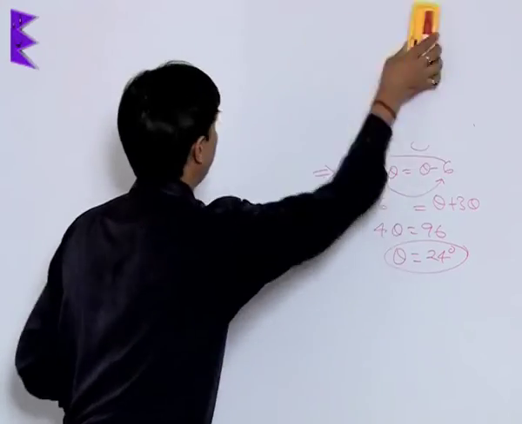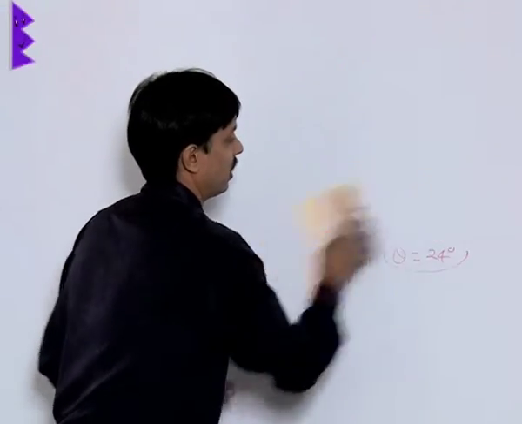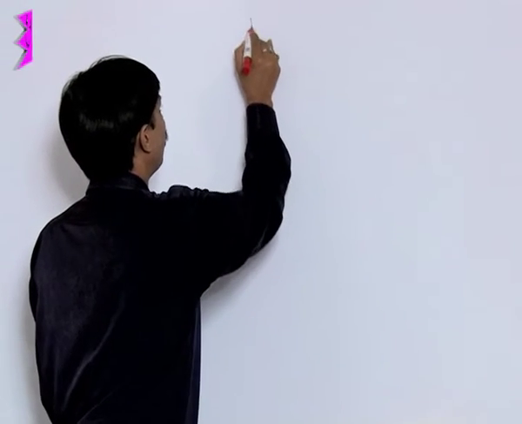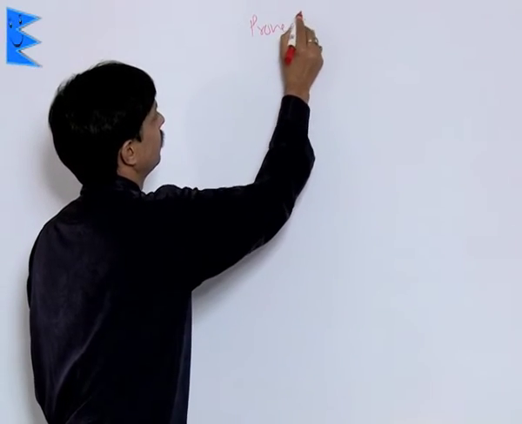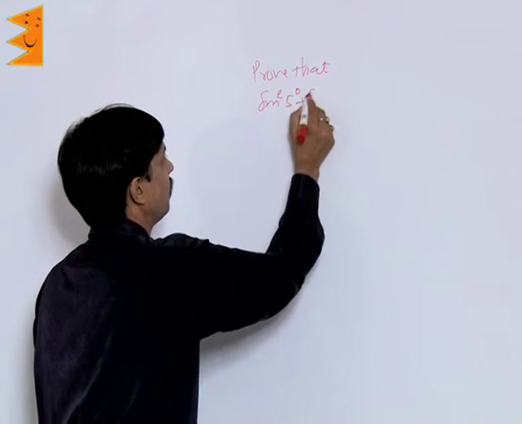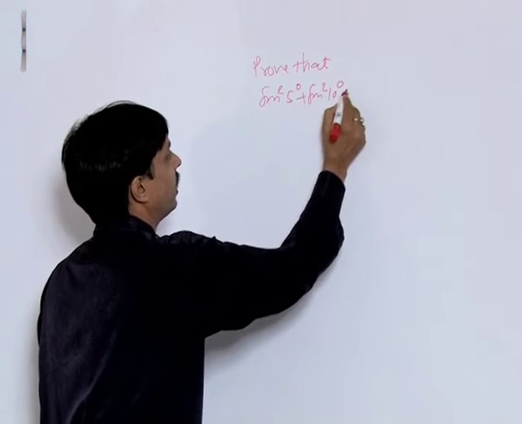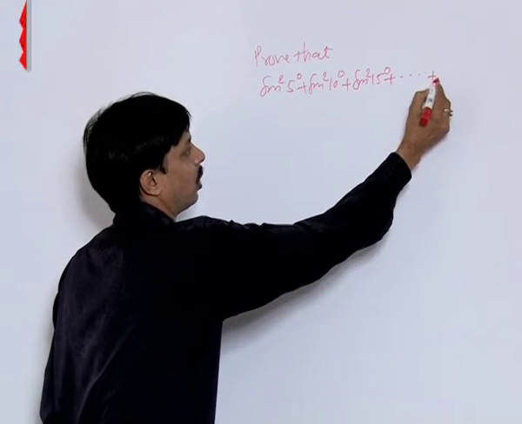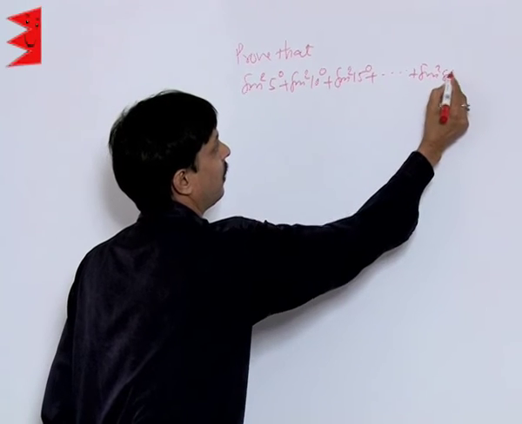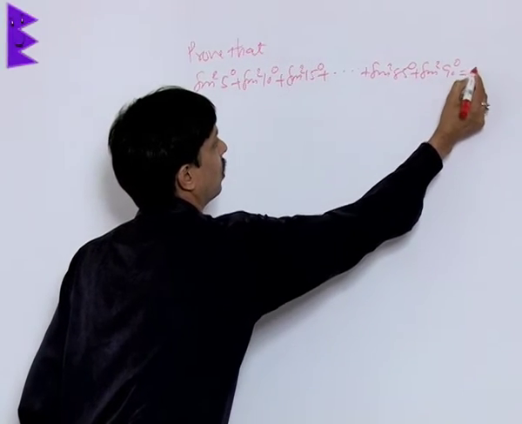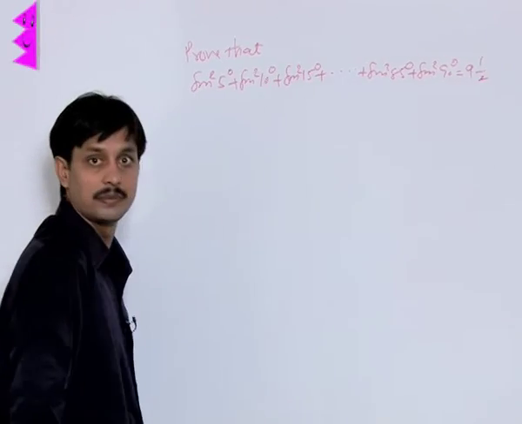The example is like this. Prove that sine square 5 degree plus sine square 10 degree plus sine square 15 degree plus dot dot dot plus sine square 85 degree plus sine square 90 degree is equal to 9.5.